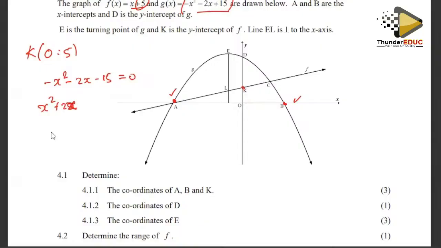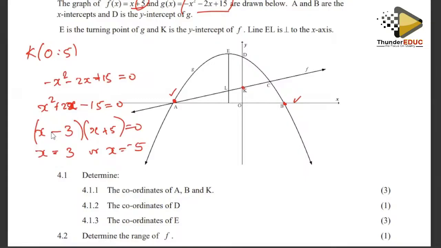When you open your brackets, we're going to have x minus 3, x plus 5. So either x is 3 or x is negative 5. So A is going to be negative 5 and 0, and B is going to be 3 and 0.